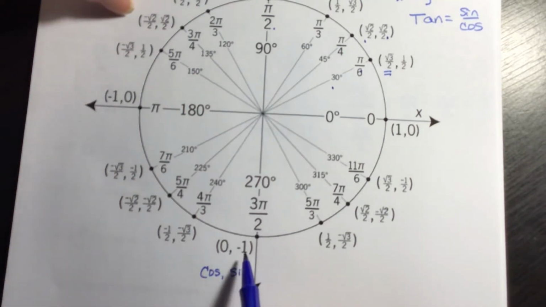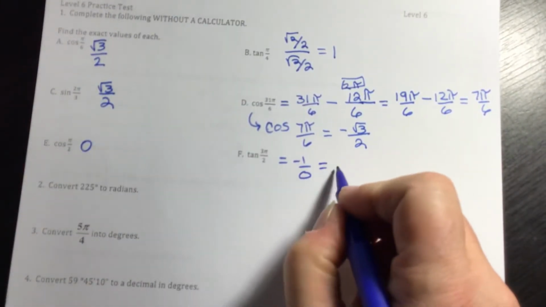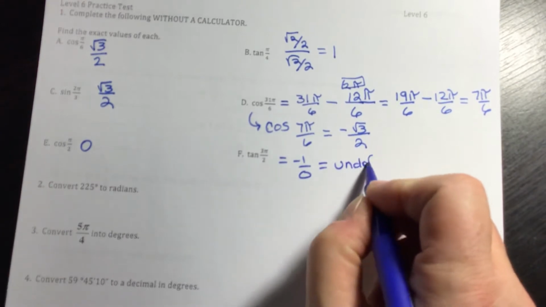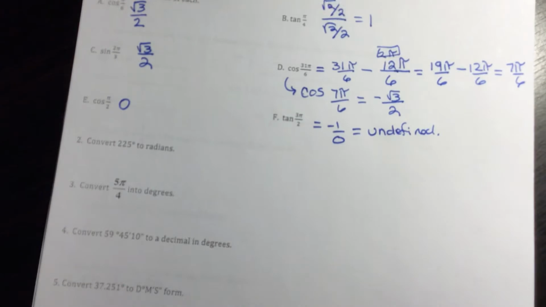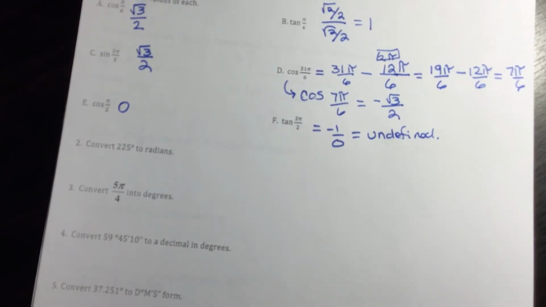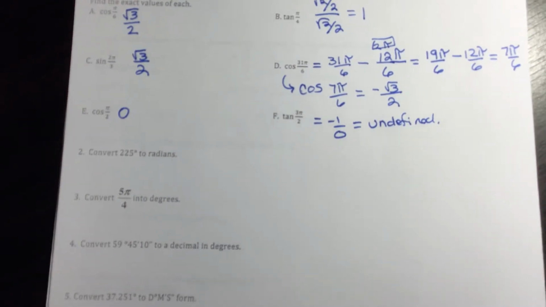So I have -1 over 0, and this would be undefined. All right, so just looking at the unit circle at certain angles and finding sine, cosine, and tangent from that.